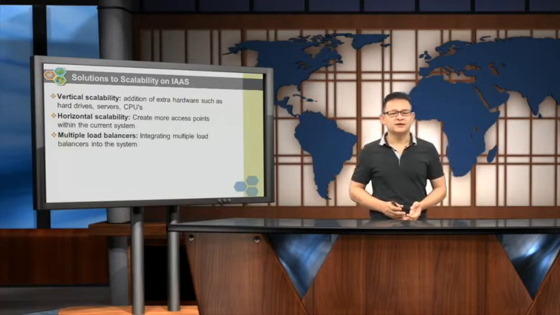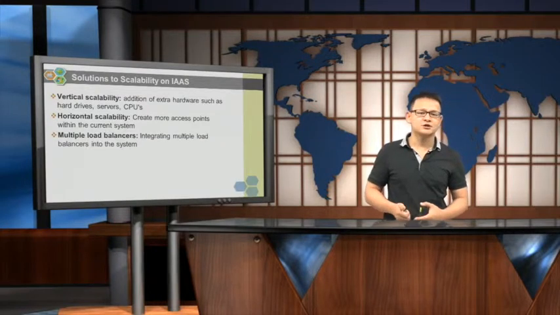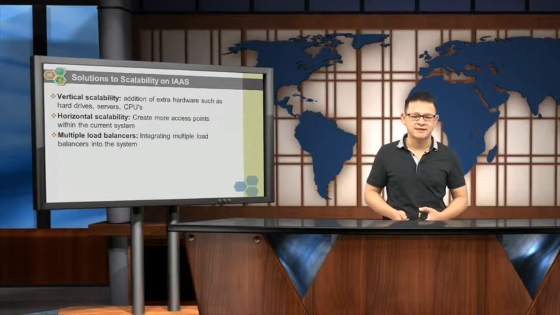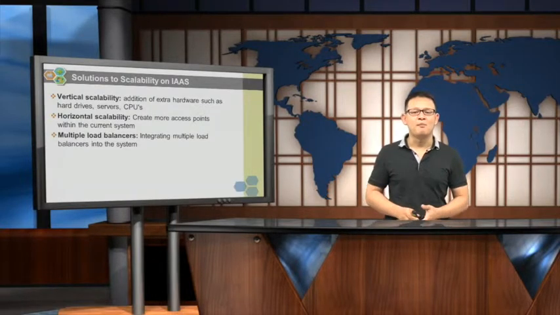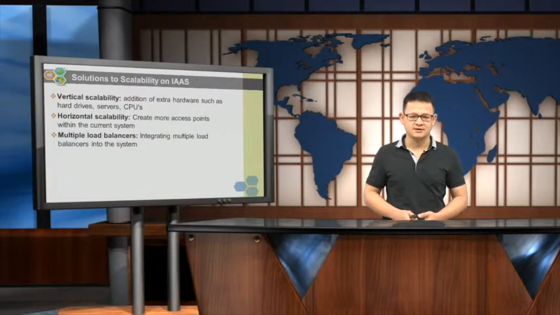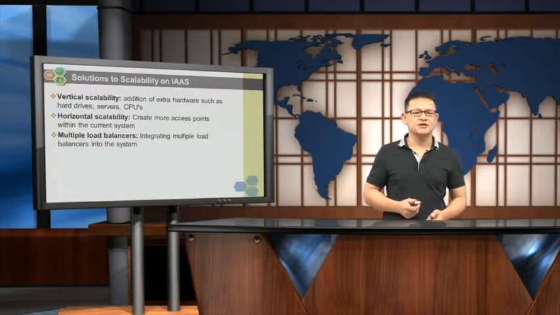The second solution here is horizontal scalability, which is a method based on creating more access points within the current system. It isn't necessarily as effective as vertical scalability, however.